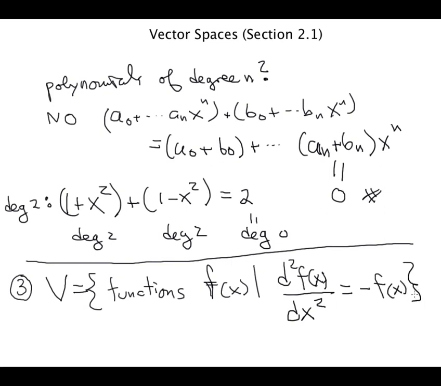These are functions whose second derivative is minus itself. I claim this is a vector space.